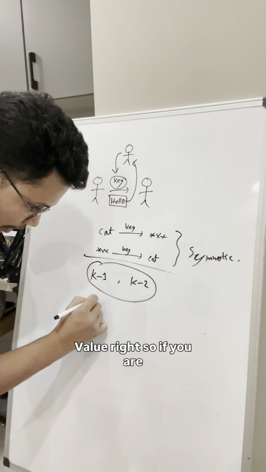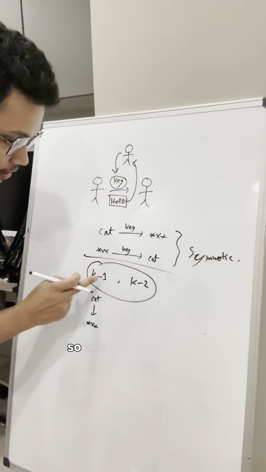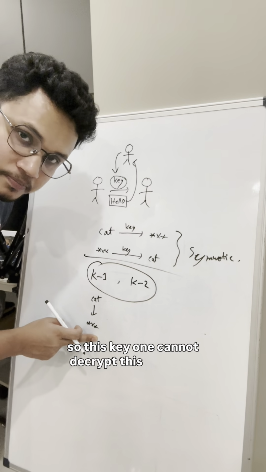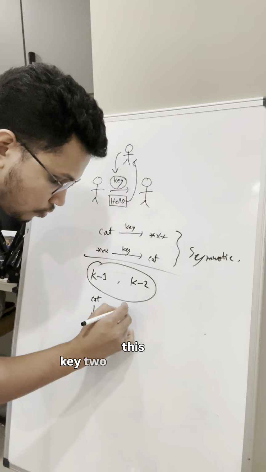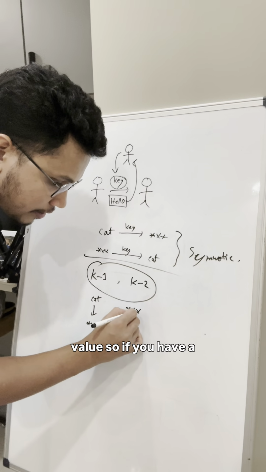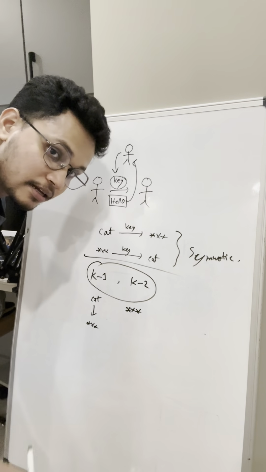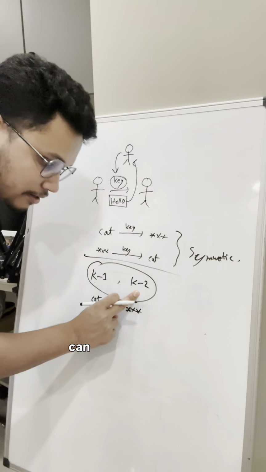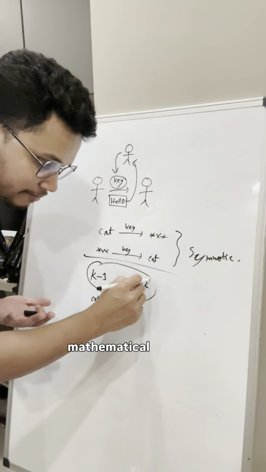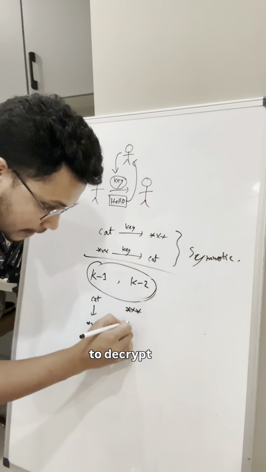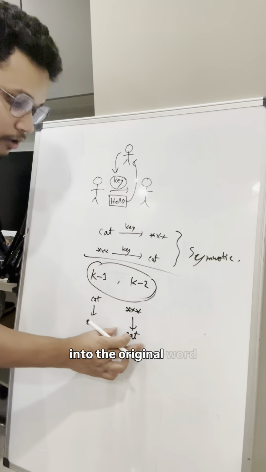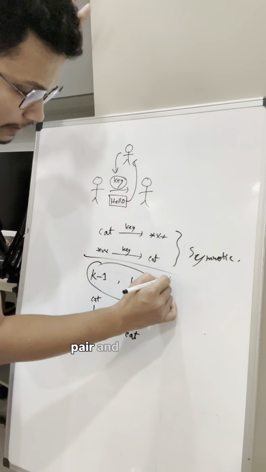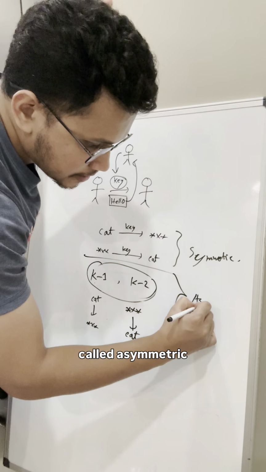If you have "cat", you can only encrypt it; key 1 cannot decrypt it. But key 2 can decrypt this value. If you have a value encrypted with key 1, then key 2 can use some mathematical formula to decrypt it into the original word. So this is called a key pair, and this concept is called asymmetric encryption.